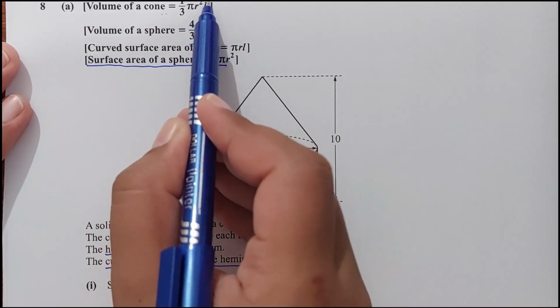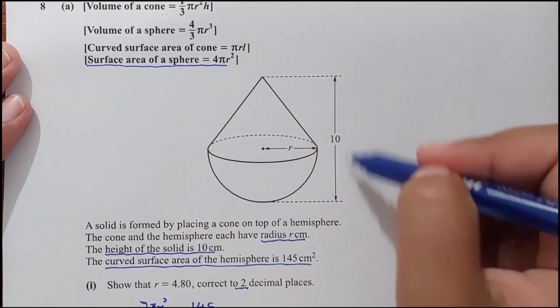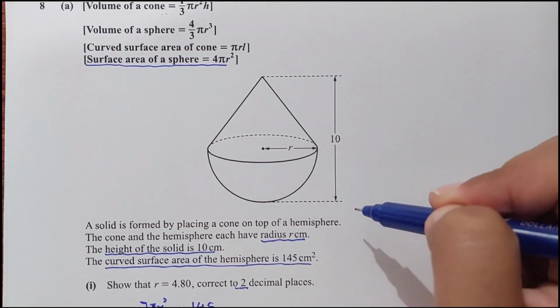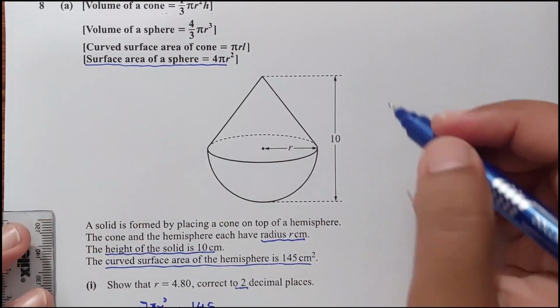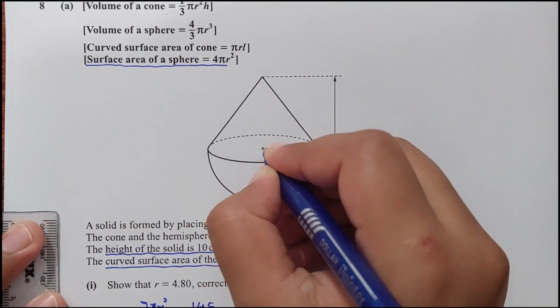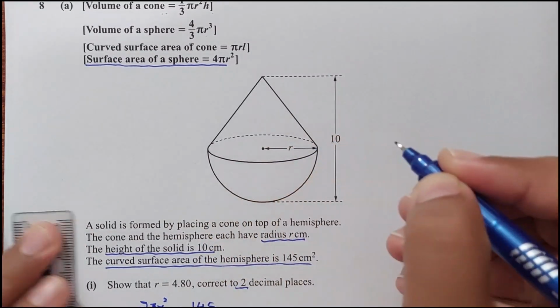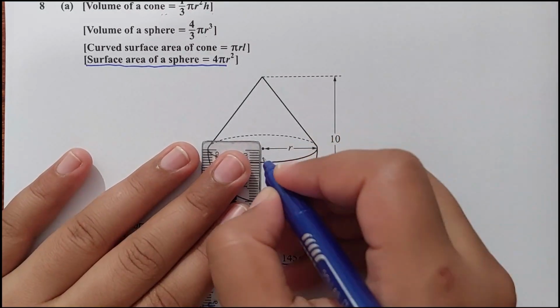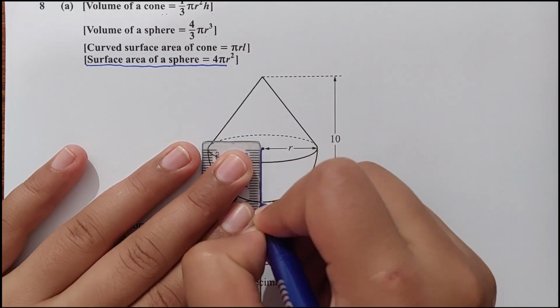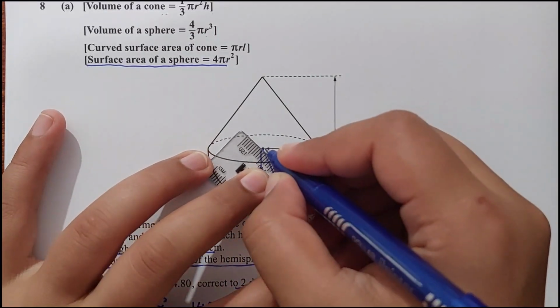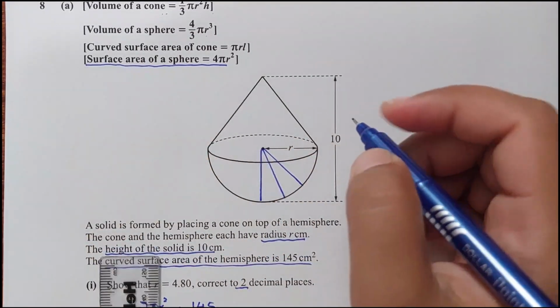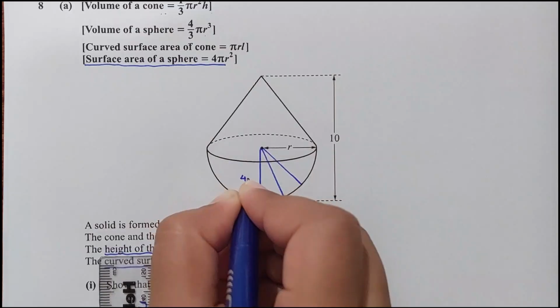But we need the height of the cone. The height of the solid is given. So how can we get the height of the cone? As you can see, from the center of the hemisphere to the circumference, this is r. So from the center to this point is also r. This length is r. This length is r. All these lengths are r. So this length is 4.8.